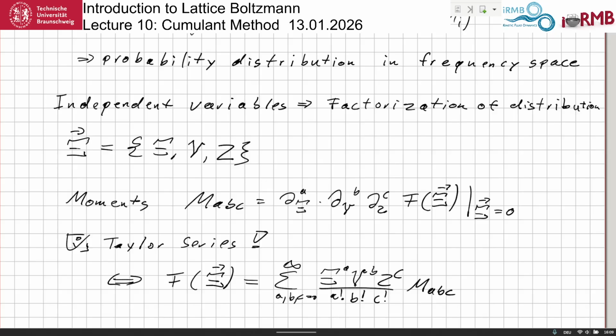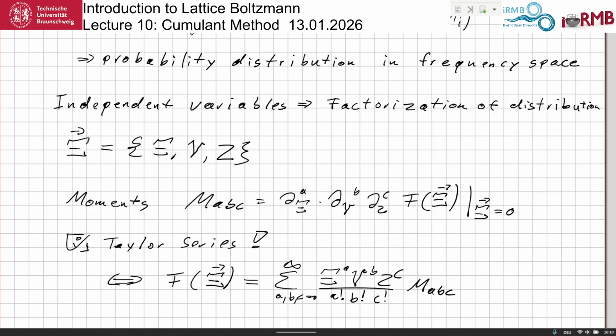Now the Taylor series is a series, so it's a sum over everything. So the terms are not separated the way we want them. What we want is something that can be written as a product over these variables.